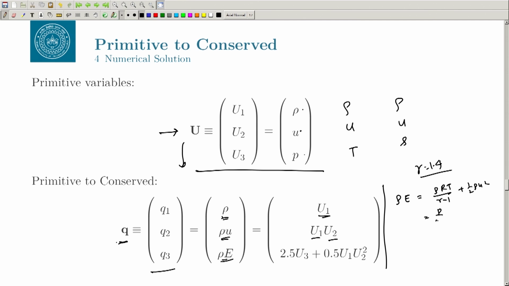This is p by gamma minus 1 plus half rho u square. p is nothing but my u3, by gamma minus 1, plus half rho, which is basically u1 and u2 square, and gamma is equal to 1.4. So, you can write rho E is equal to 1 divided by 0.4, which is 2.5 u3 plus 0.5 u1 u2 square.